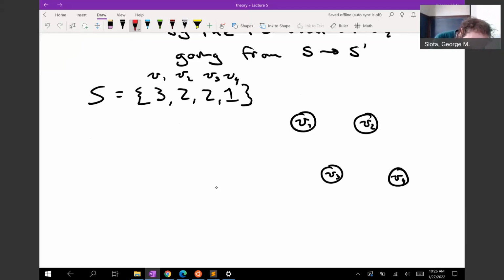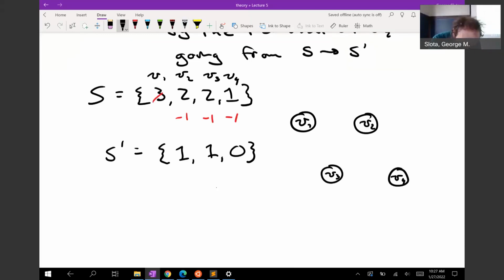As we did, we remove the value of 3 and decrement the next 3. So effectively, we remove V1 and add edges to V2, all the ones that get decremented, V3, V4.